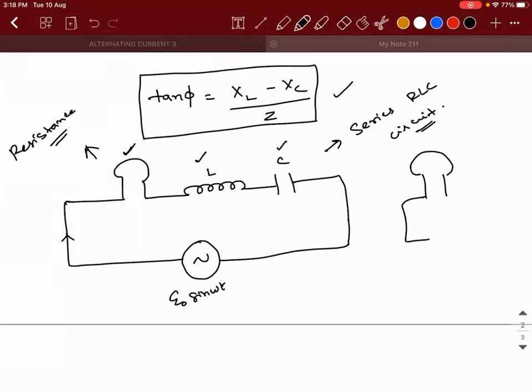Suppose the bulb is directly connected to the AC source and the circuit is closed, what would have happened to this bulb? It will glow with a constant intensity. I hope you understand what intensity means. Intensity is the brightness. So the amount of light it is going to illuminate is going to be a constant.